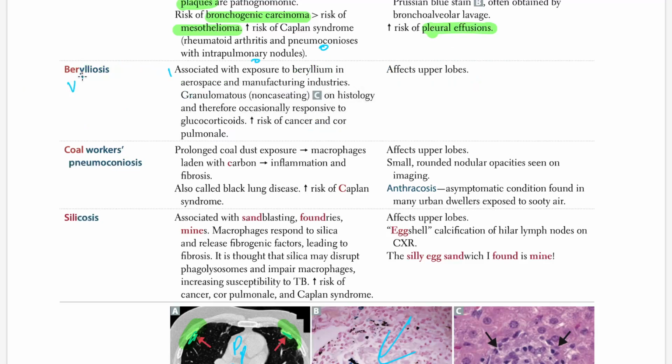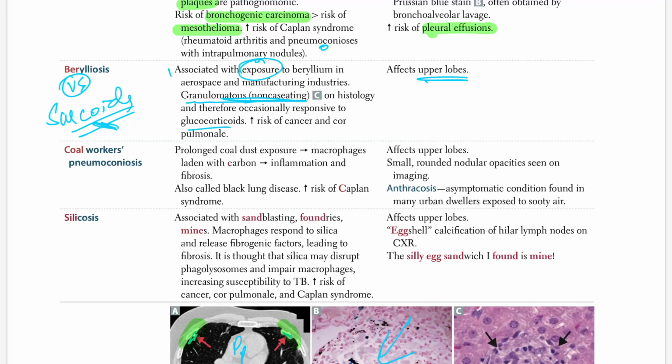One more thing here: it's going to look like sarcoidosis. A lot of things look like sarcoidosis, but how do we differentiate this one? Here you have non-caseating granulomas, affecting the upper lobes, and it is responsive to glucocorticoids. But how do you differentiate that? It's only the exposure history.